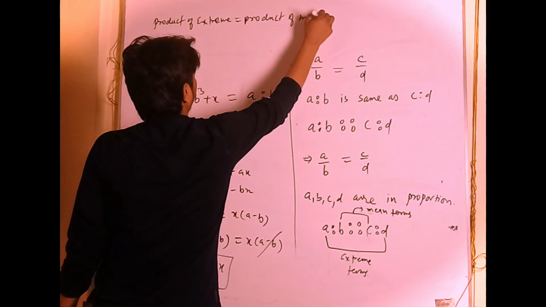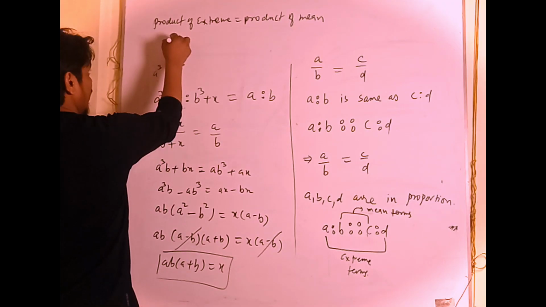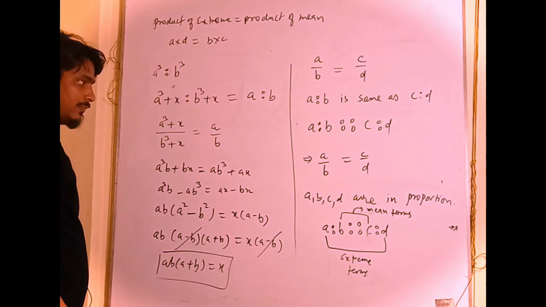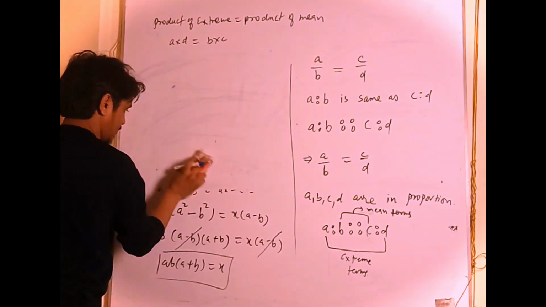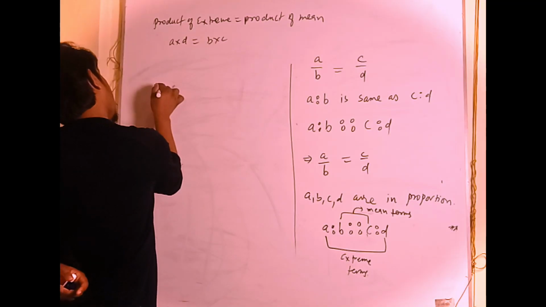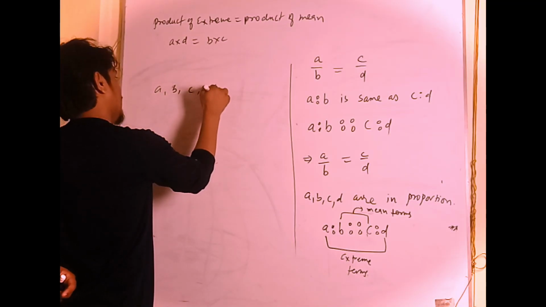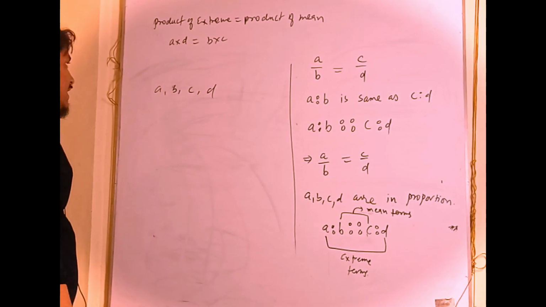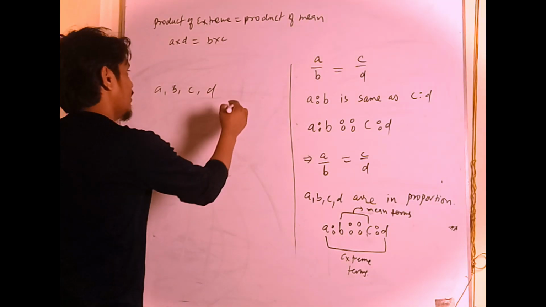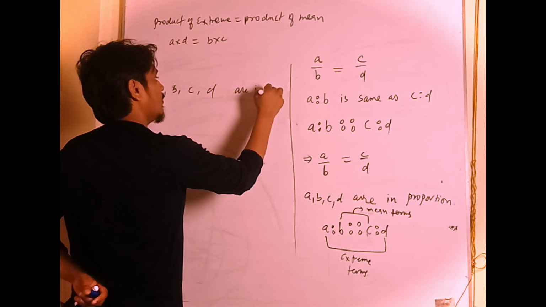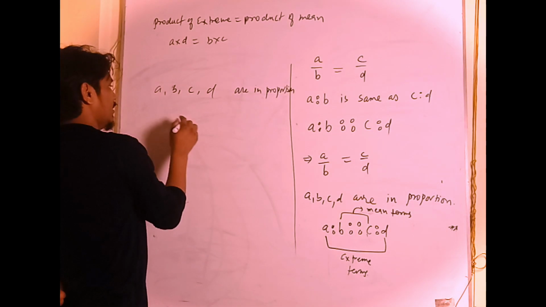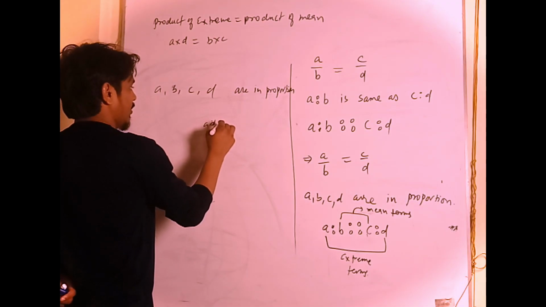It means A into D should be equal to B into C. Here we have A, B, C and D, these four numbers in proportion, so AD is equal to BC.